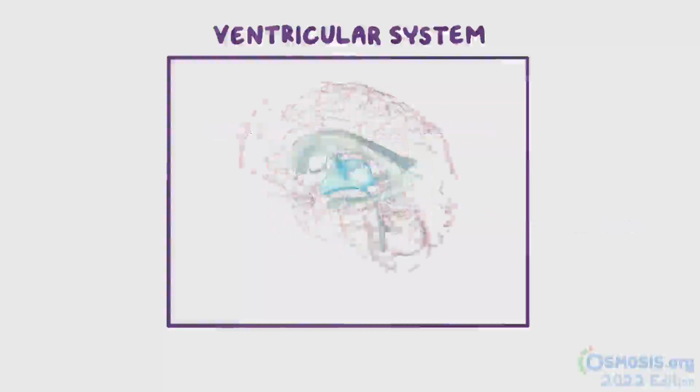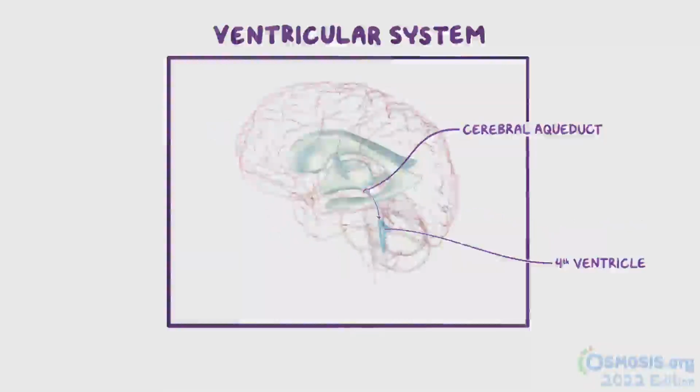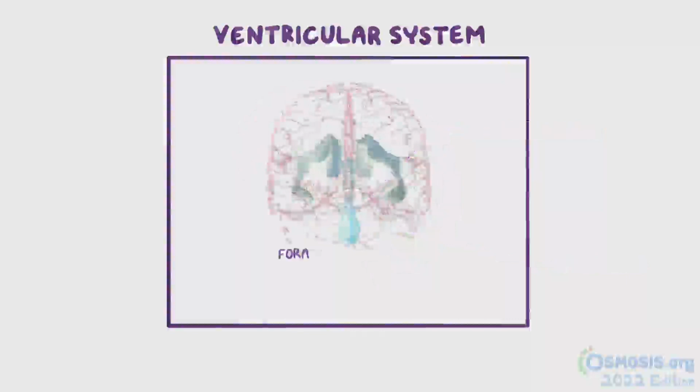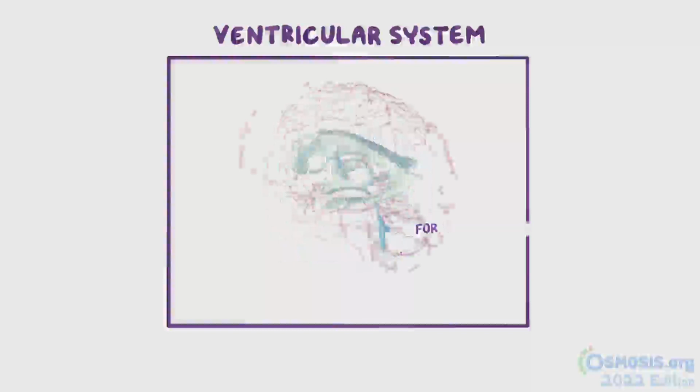From here, it passes through the cerebral aqueduct to reach the 4th ventricle. CSF can then flow caudally into the central canal of the spinal cord. The 4th ventricle also has 2 lateral apertures, called the foramina of Luschka, and a median aperture, called the foramen of Magendie, both of which allow CSF to reach the subarachnoid space.